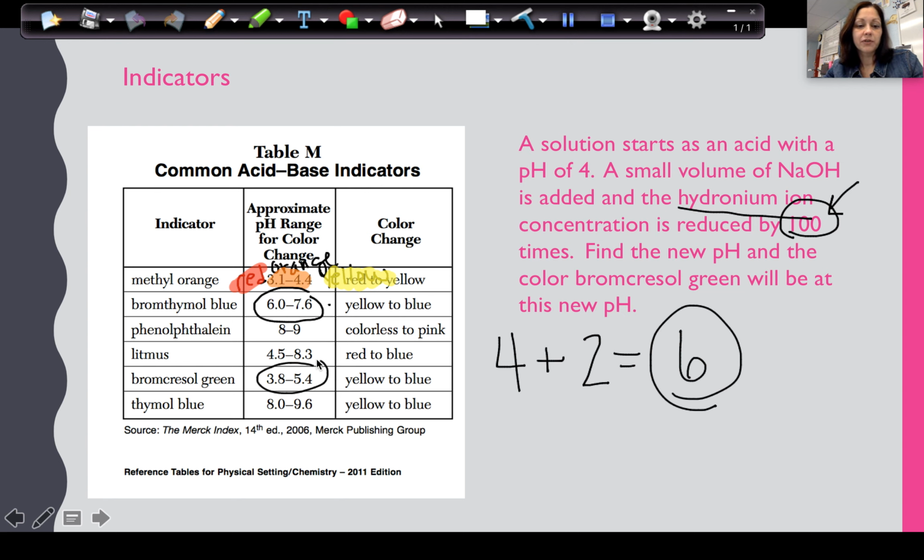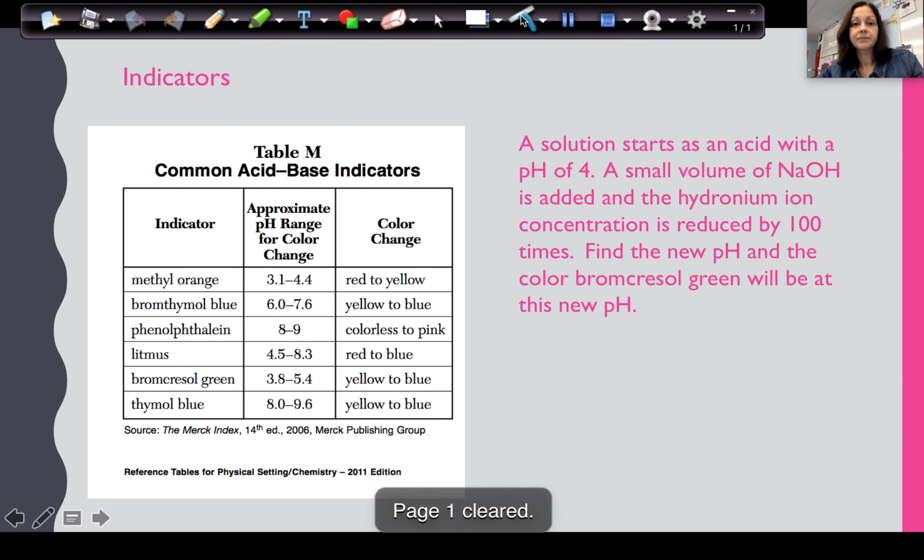So bromcresol green is yellow before 3.8, blue after 5.4, and green in the middle. This pH is after 5.4, so this will be a blue color in bromcresol green.